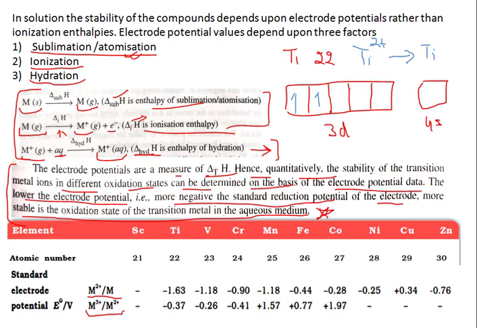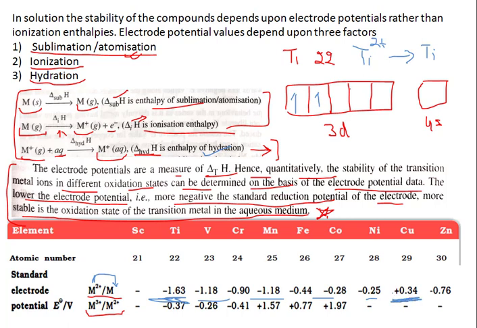So the magnitude of these two steps, sublimation enthalpy and ionization enthalpy, compared to that of hydration enthalpy, it was found that the magnitude of hydration enthalpy is more, hence the value comes out negative. Okay, same thing has happened, but do remember it is when the change takes place from +2 to ground state.